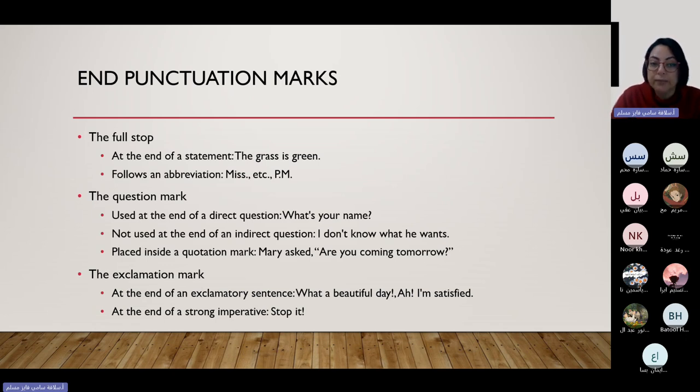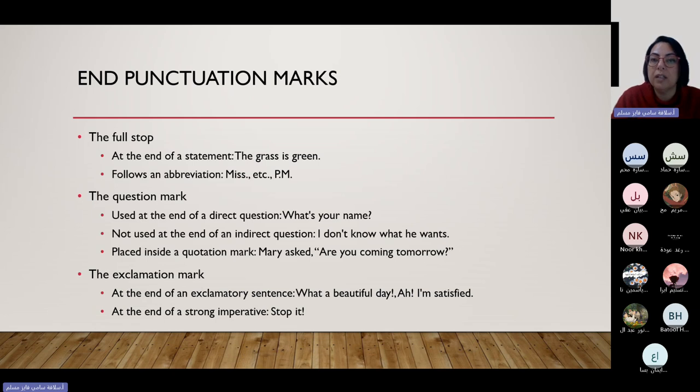Question mark. When do we put a question mark? We use it, of course, at the end of a direct question. What's your name? How old are you? Where are you from? These are all questions. It is not used at the end of an indirect question.